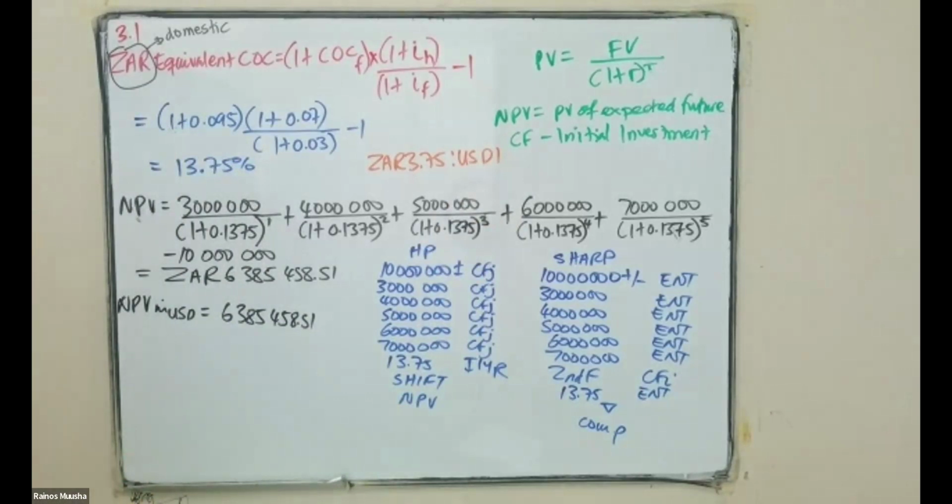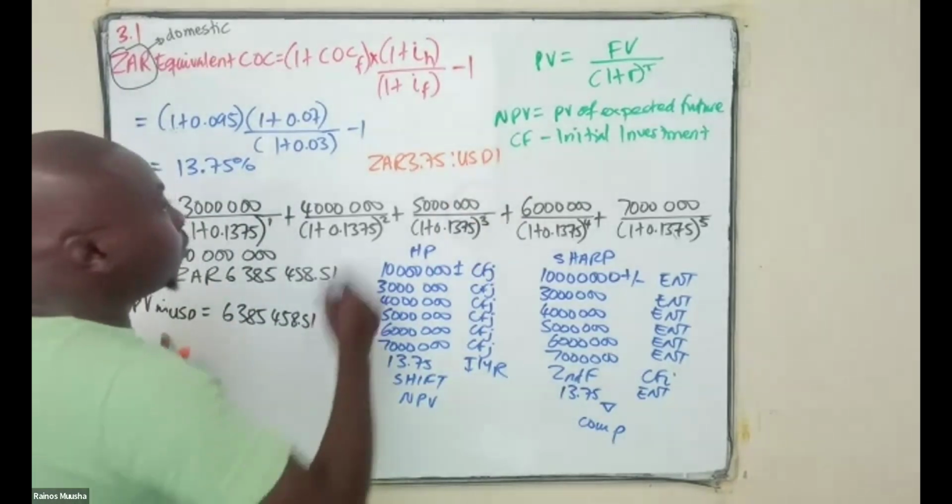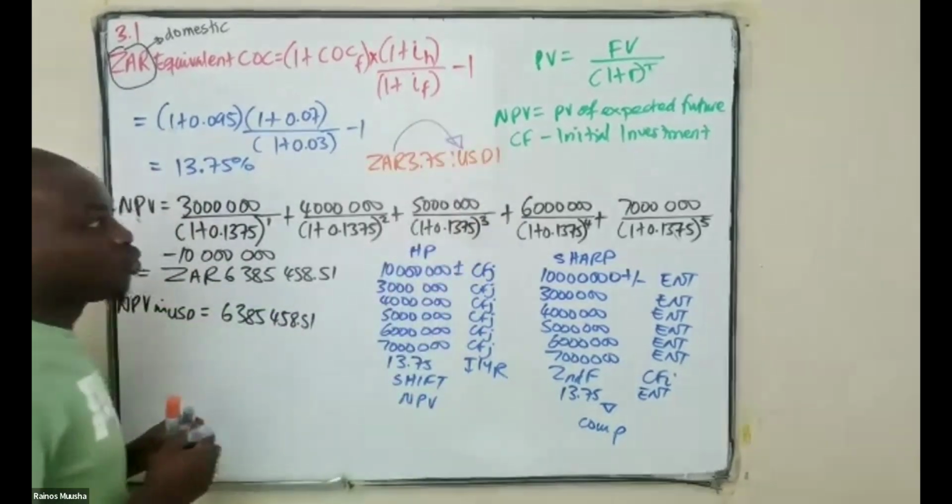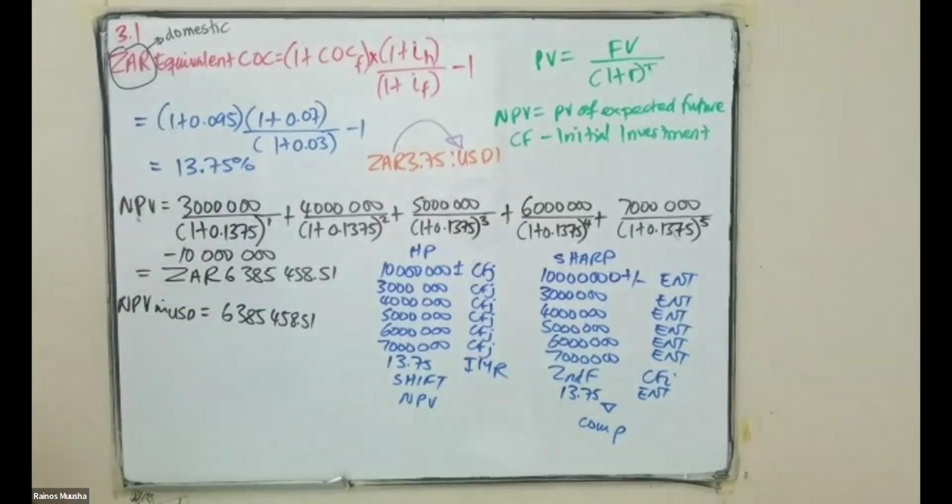So now, looking at the exchange rates, we are moving from the ZAR going to the US dollar. So are we going to multiply or are we going to divide to get to the US dollar? We divide, right?